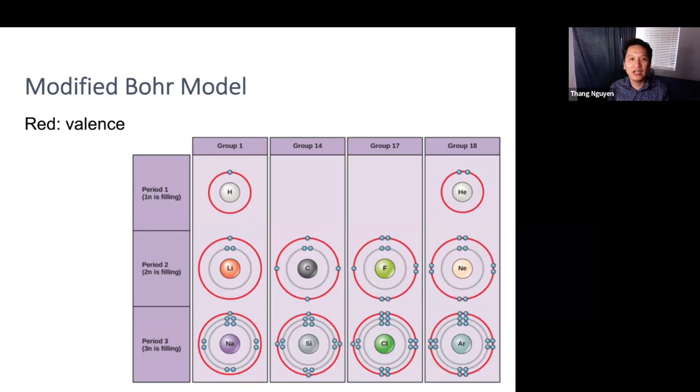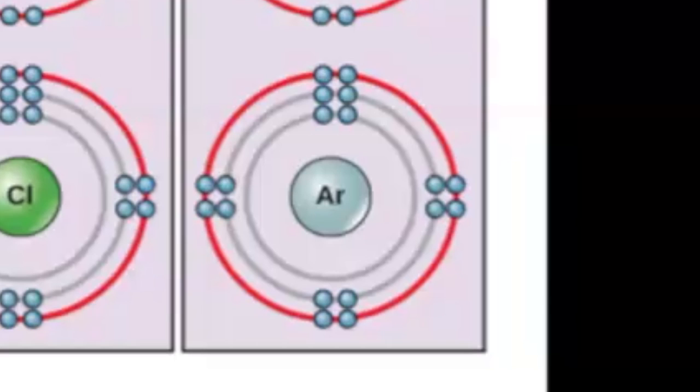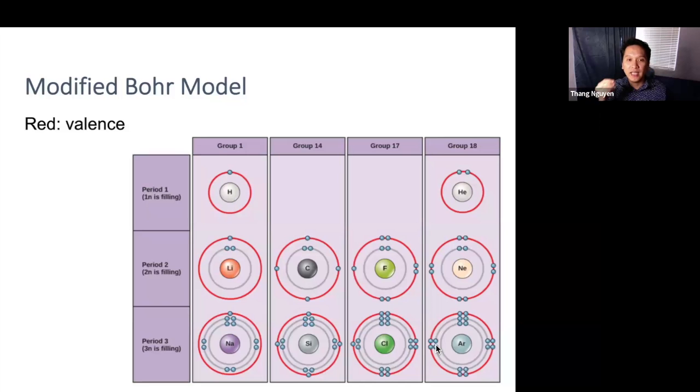And what is the driving force that makes them happy, that makes them stable? It's because in their valence shell, they have filled up to maximum capacity. So for example, looking at argon, how many electrons are in its valence shell? You got 1, 2, 3, 4, 5, 6, 7, 8. So argon has 8 valence electrons.